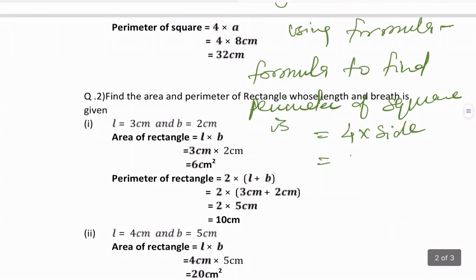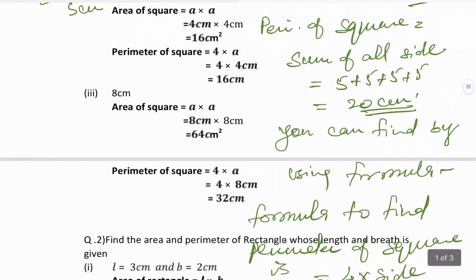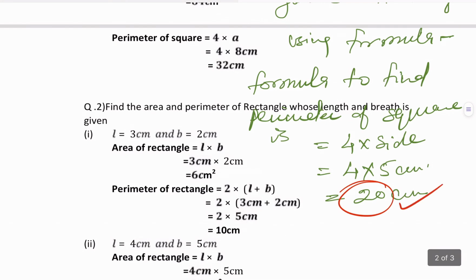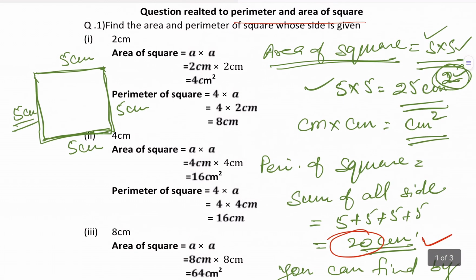Then what was the side? Side is 5 centimeter. Then 4 fives are 20 centimeter. You can match this with this. Both are equal. So you can find the perimeter of a square by using the formula 4 into side, and area by using the formula side into side.